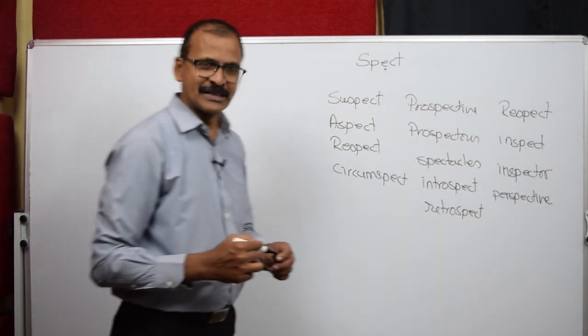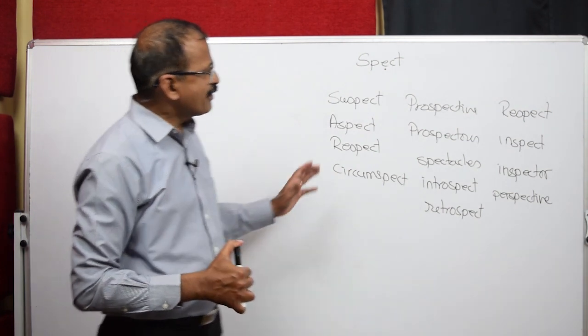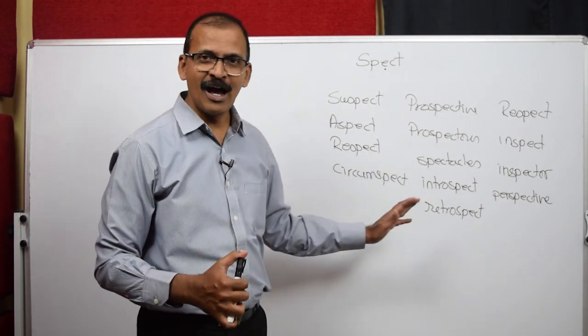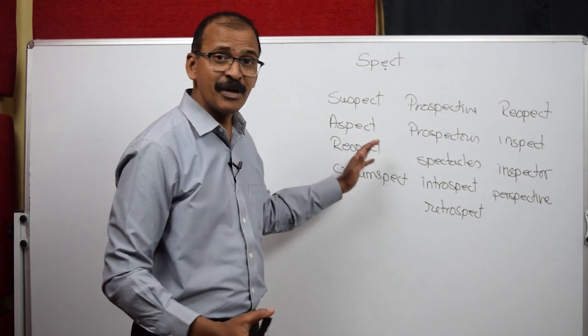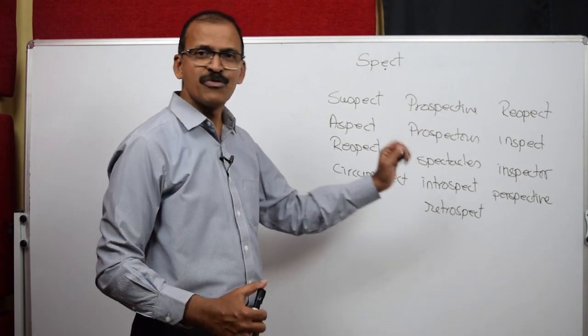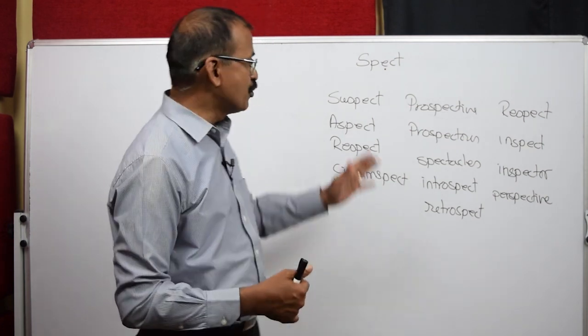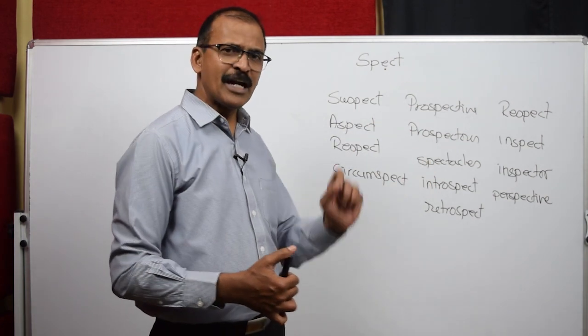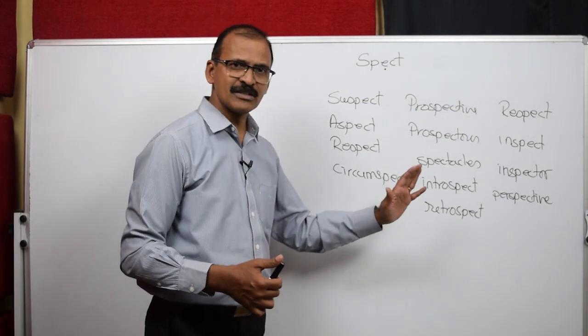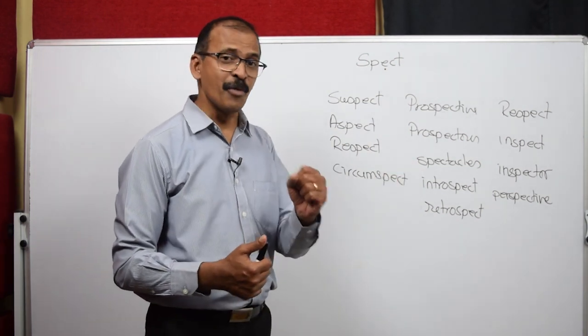So, quite a number of words. Now, probably you have used all these words, but if somebody tells you all these words have similar meaning, it may be difficult for us to agree because we use them in various contexts. But let me prove to you that all these words more or less have the same raw meaning.